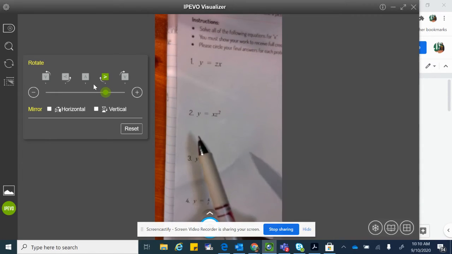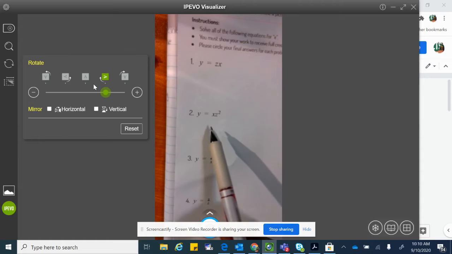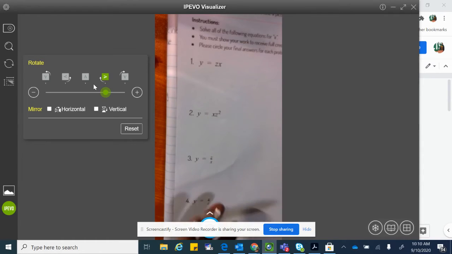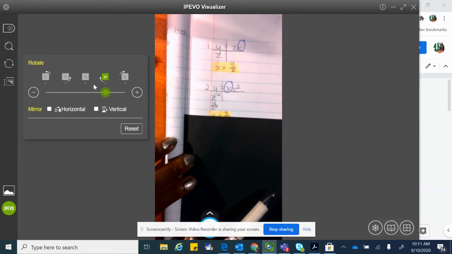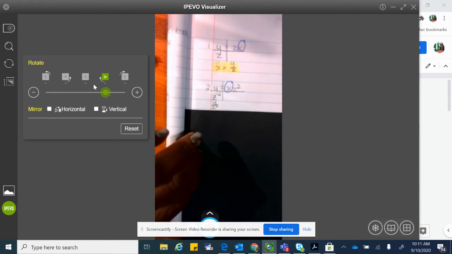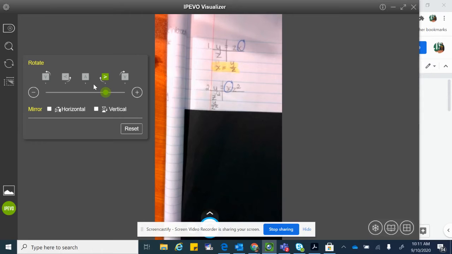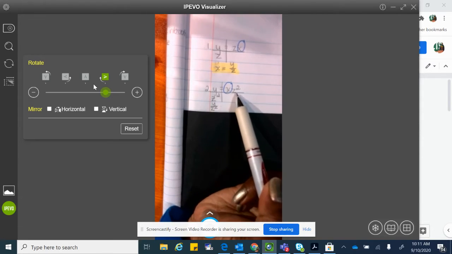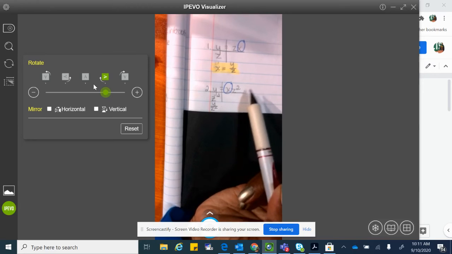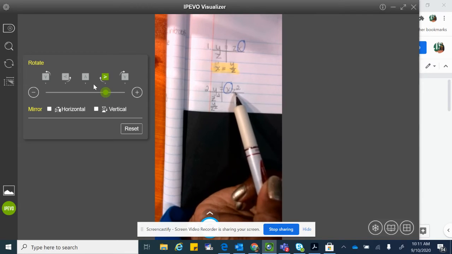Problem 2. We have y equals x times z squared. Okay, I'm going to move on down. In this case, x is being multiplied by z squared. So again, x is being multiplied, and to undo multiplication, you have to divide.